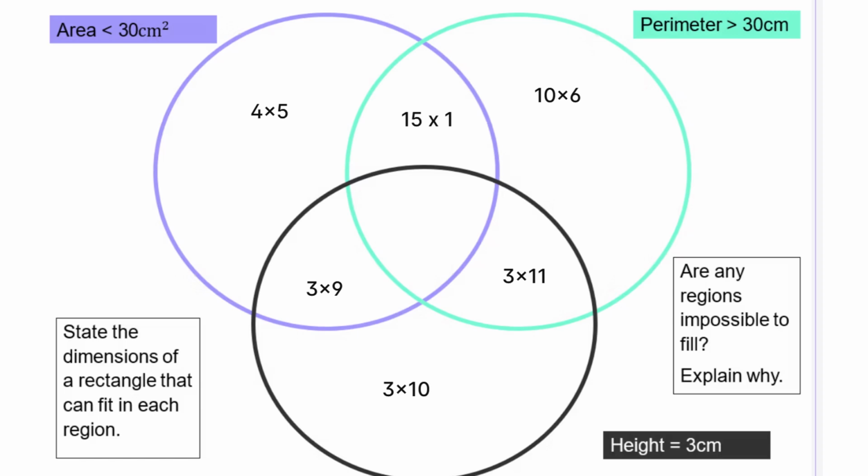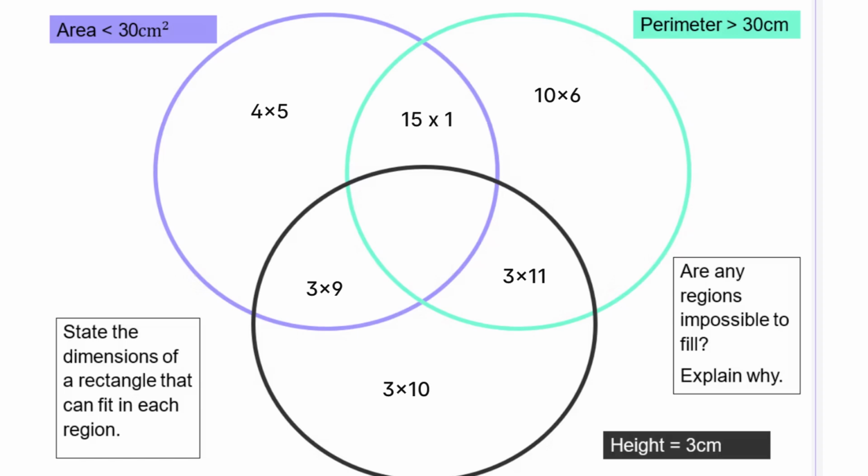And as I mentioned, if you're using this as a group activity, we've put just one possible dimension in each of the regions. But once we've got 4 times 5, I can put anything. The area is less than 30. Let's think, 2 times 4. That will have an area of less than 30 centimetres squared, and the perimeter will be 8, 9, 10, 11, 12.